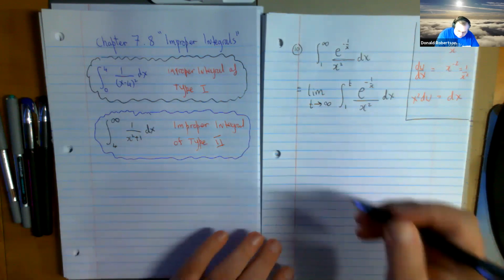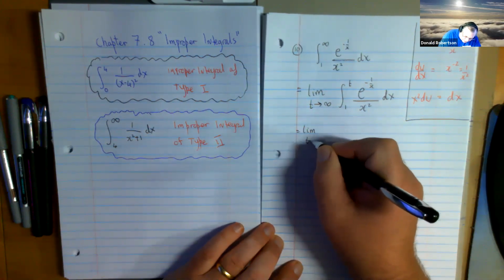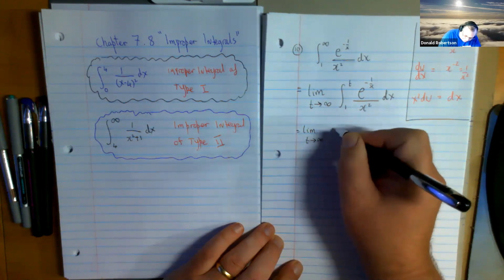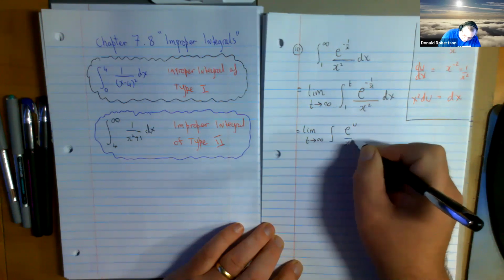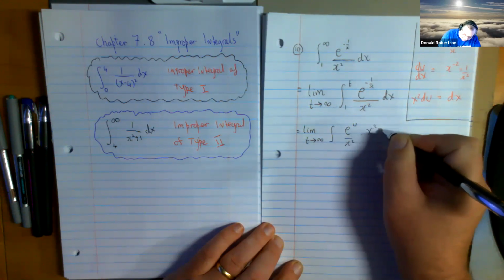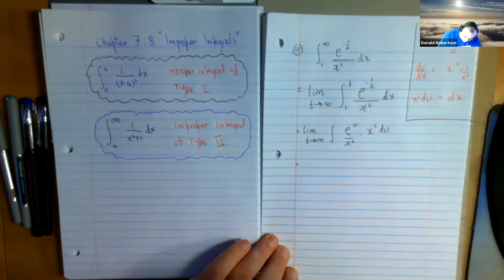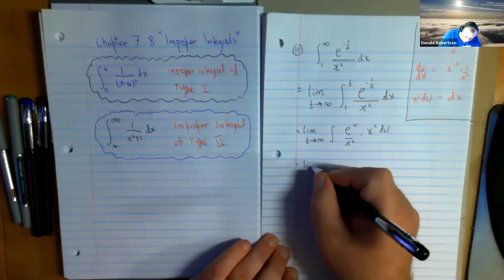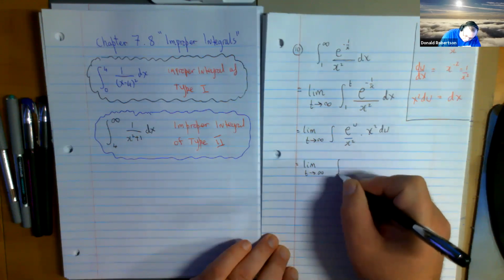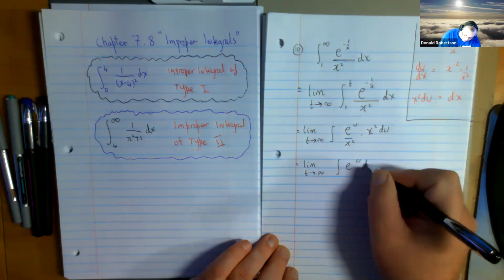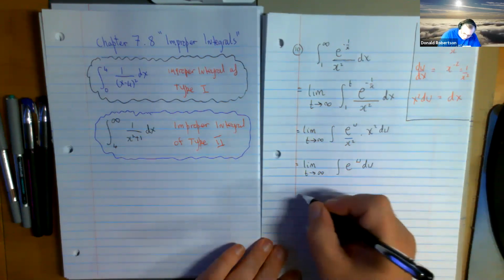Now, let's start switching the variable round to u's and see what we get. e to the u over x squared times x squared du. It's going to be the limit as t tends to infinity of a very nice simple integral, which is what u subs are meant to do.